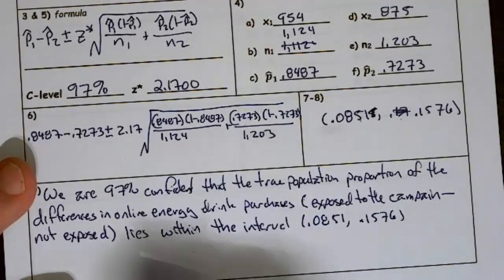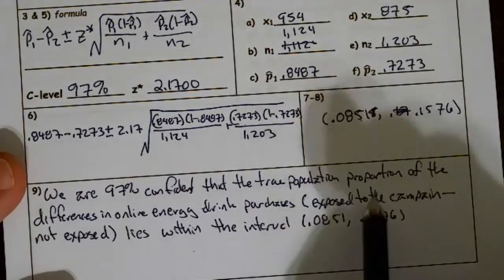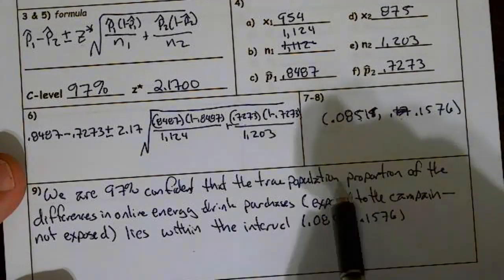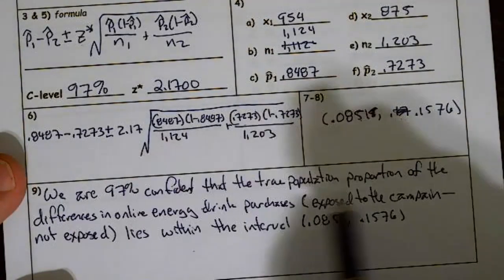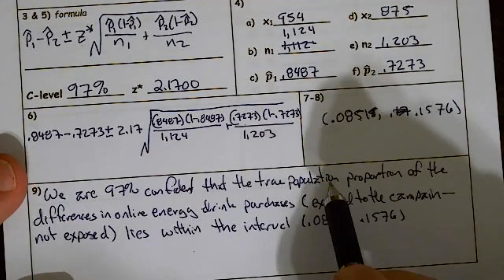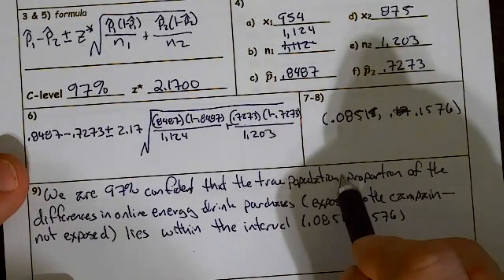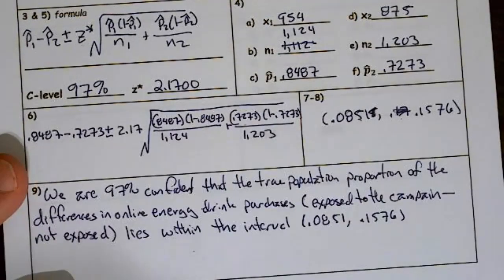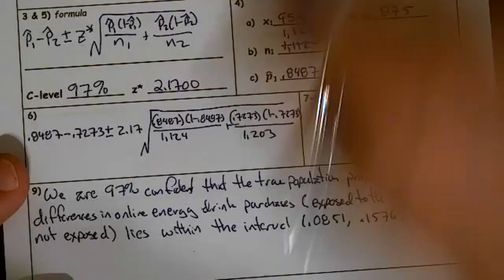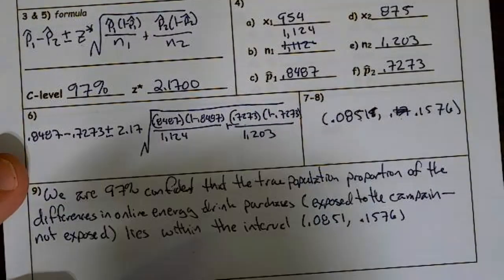All right, that's probably about as short as you can make that. You needed to make sure you're talking about the true population difference in proportions, or true population proportion of the differences. Probably would have been better for me to put true population difference in proportion here, but either one is fine. And that'll take care of our first one. All right, so that's our confidence interval. I hope that helped. Make sure you get that all written down and turned in today.